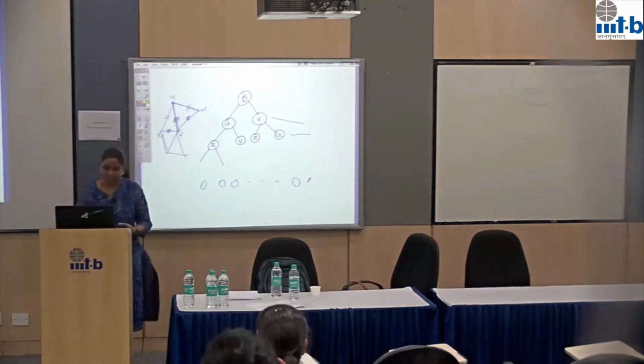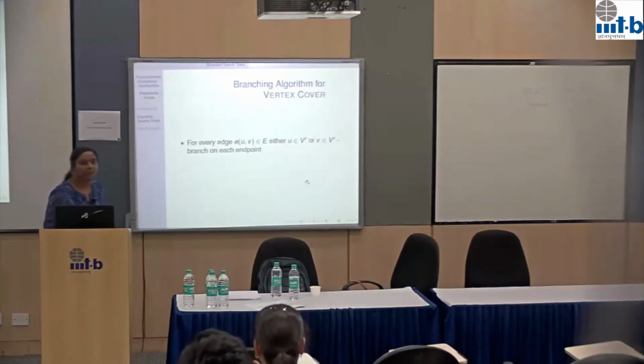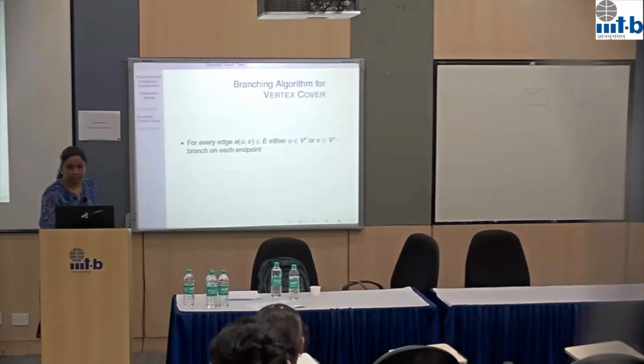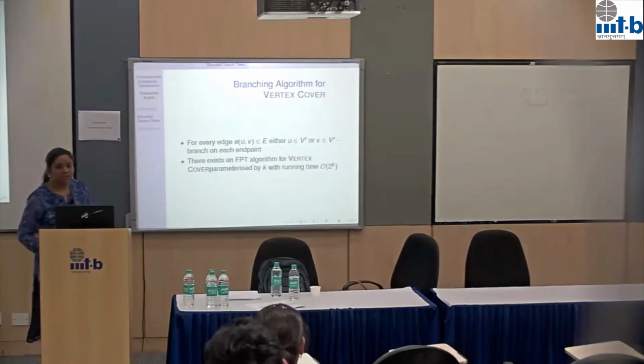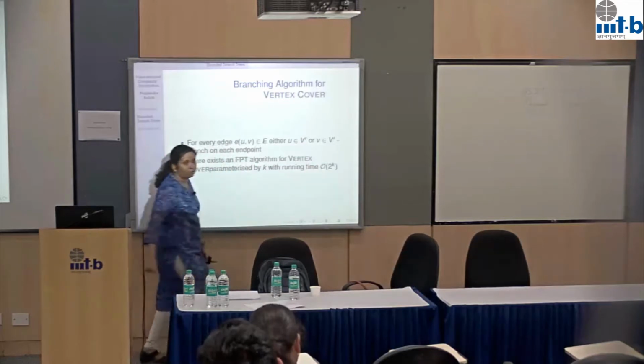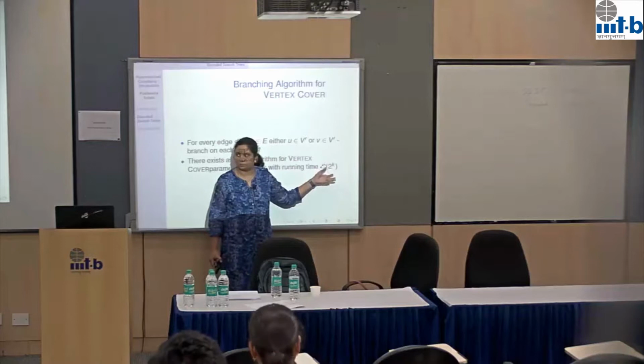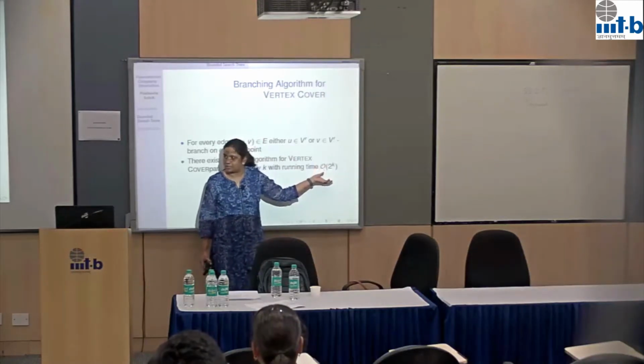So for vertex cover parameterized by k, the running time is, okay, I use this notation, this calligraphic O. This hides basically polynomial running times in n.